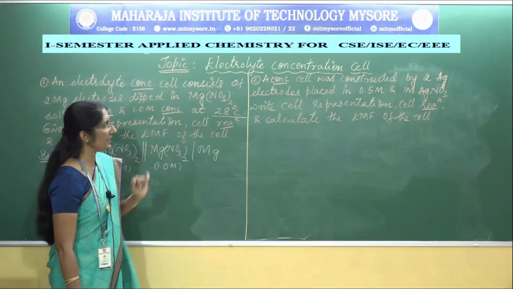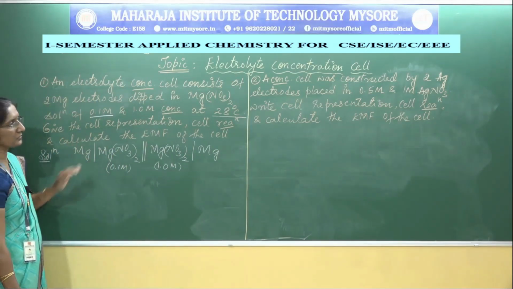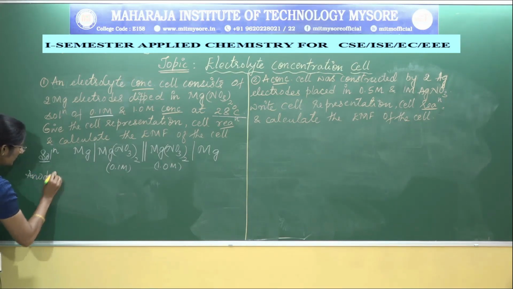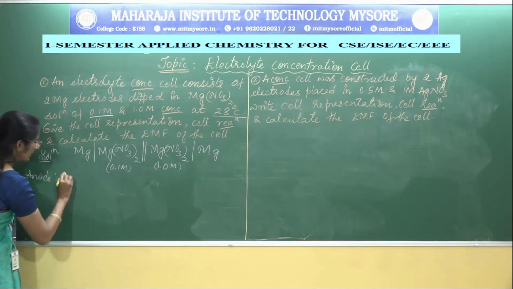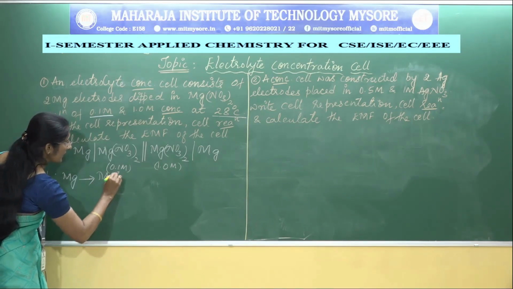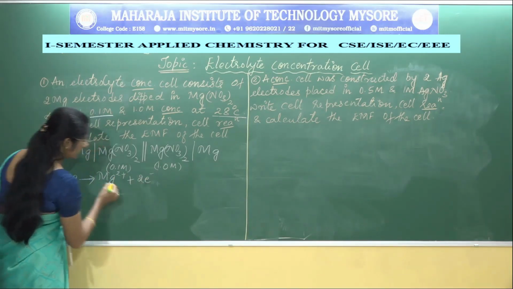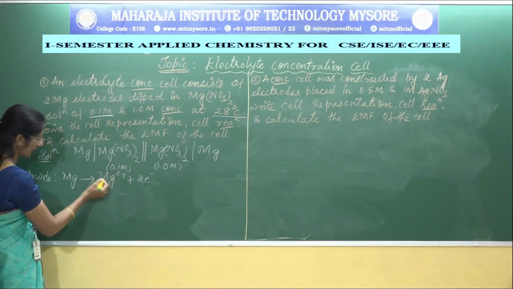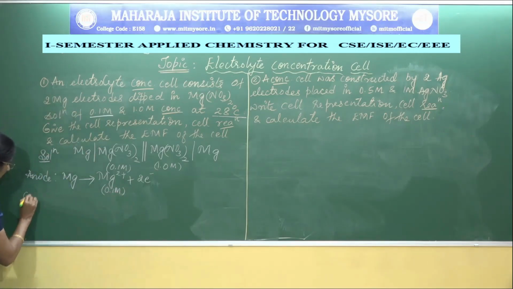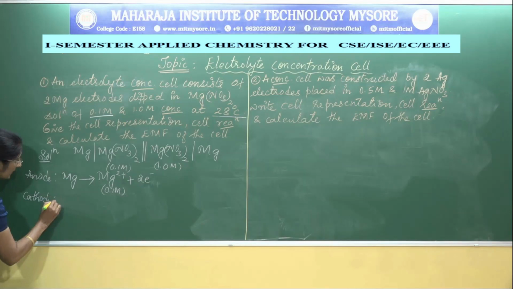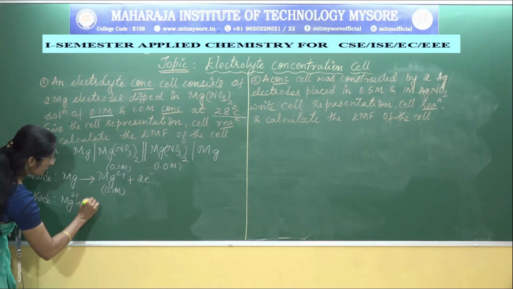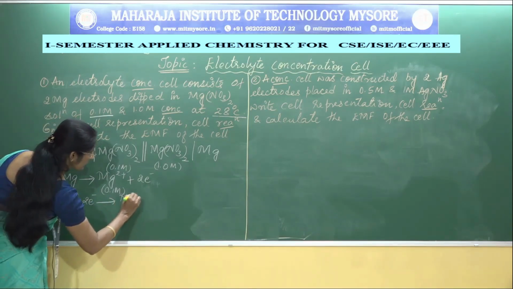Then we have to write the cell reaction. So we have to write the anode, cathode and the net reaction. What is the anode reaction? Anode oxidation reaction. The metal is magnesium. Magnesium loses 2 electrons, then it becomes Mg2+. We write the concentration of magnesium ions at the anode, it is 0.1 molar. Next, the cathode reaction, the reduction reaction. Mg2+ gains 2 electrons from the anode, then it is reduced to magnesium.